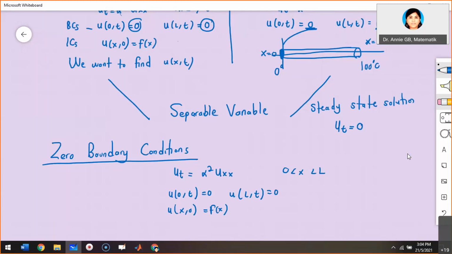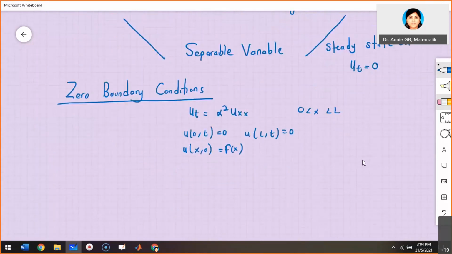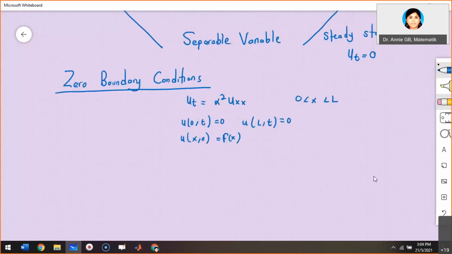Okay, now saya dah terangkan what is zero boundary condition. And if you look at here, apa jenis boundary condition yang you tengok sekarang ni? Adakah dia Neumann? Adakah dia Dirichlet? Adakah dia Robin? Who can tell me? Jenis apa? Dirichlet. Very good. This is Dirichlet, sebab dia tak ada partial derivative mana-mana, kan?